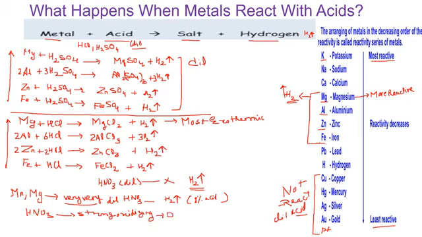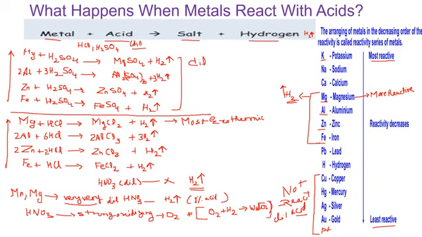It is going to give out oxygen. Oxidizing agent means gives us oxygen. Now this oxygen which is given out will react with the hydrogen which is released during the reaction immediately, and it is going to form what? Water, right? So water will be formed.